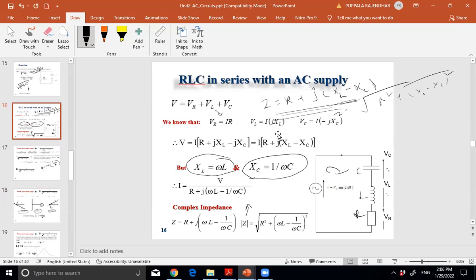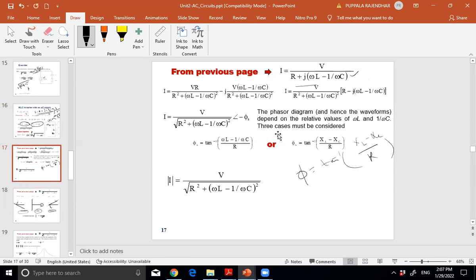Now if XL is equal to XC, then what happens to Z? It becomes R plus j times whatever this term is, which in case 1 is zero. Then the circuit becomes purely resistive, right? That is case one.